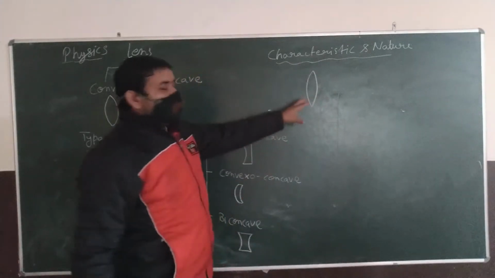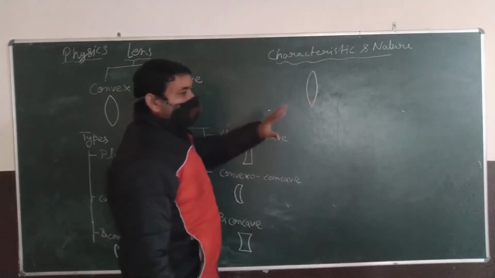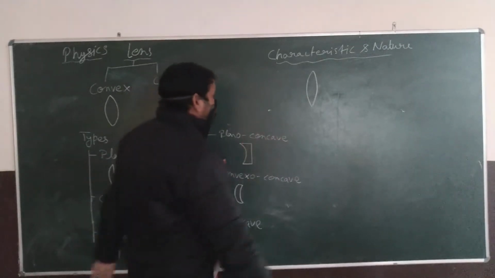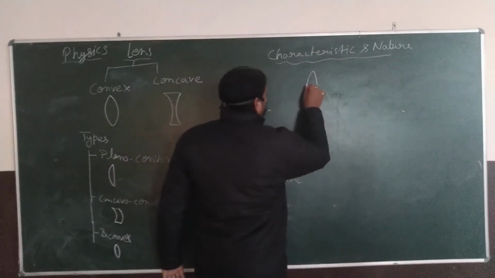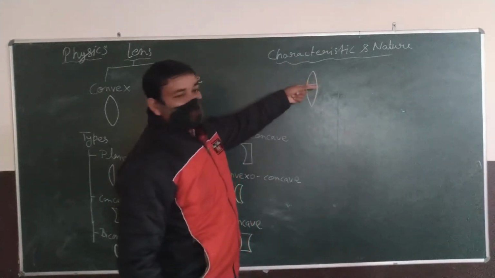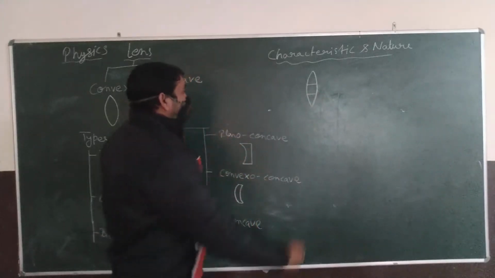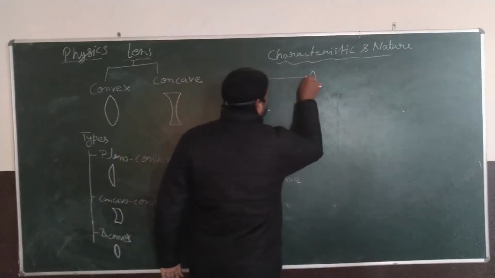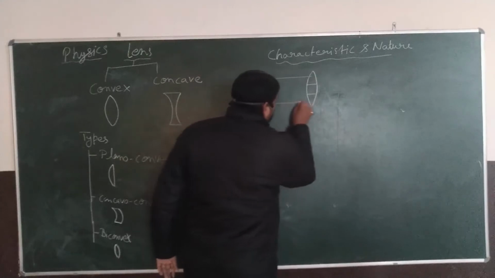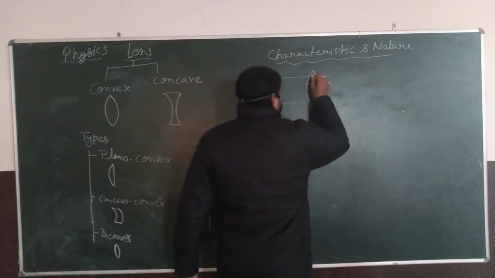If we have a convex lens, suppose this is the upper part of the lens and this is the lower part of the lens. If the light is traveling parallel to it like this, then the light is bent.